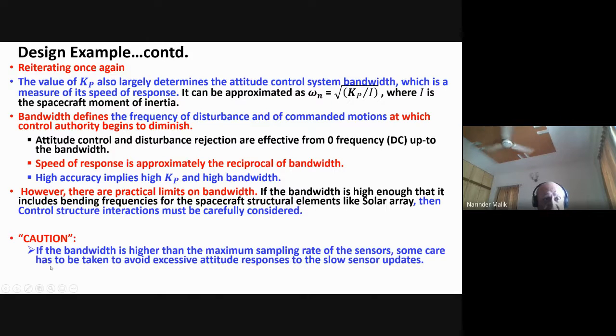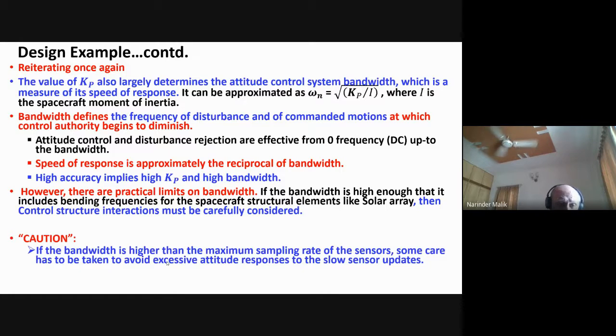Caution: if the bandwidth is higher than the maximum sampling rate of the sensor, care has to be taken to avoid excessive attitude response to slow sensor updates. What it means is, these days all sensors are digital in nature, and they will provide an output every 100 millisecond or every 200 millisecond. So you have to be careful.